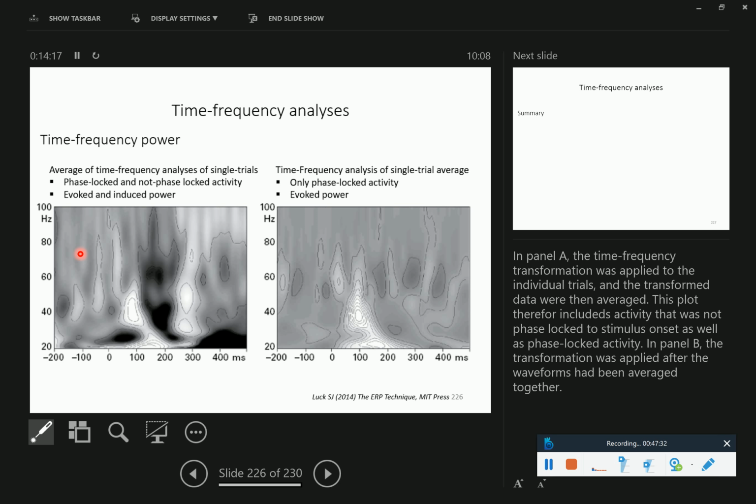And how often is this done, that you subtract the evoked power? I don't know. I don't have clear numbers for that. I just have the feeling that whenever people show you time frequency data, you have to ask them what they actually did, because you cannot rely on the fact that it's nothing bad.